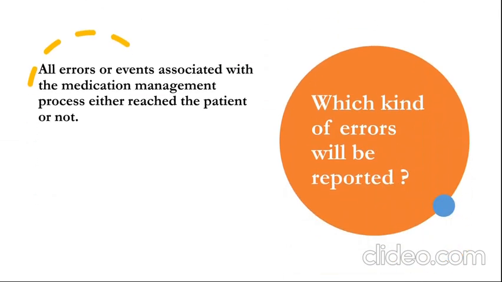So which kind of errors shall be reported? All errors or events associated with the medication management process, whether they reach the patient or not. The analysis is fact finding: why that happened and how we may avoid recurrence.